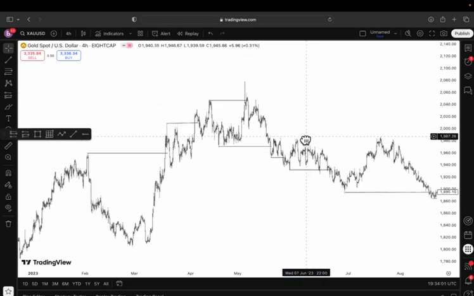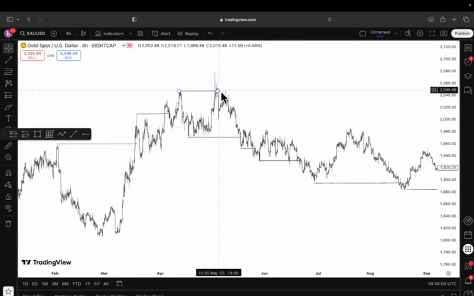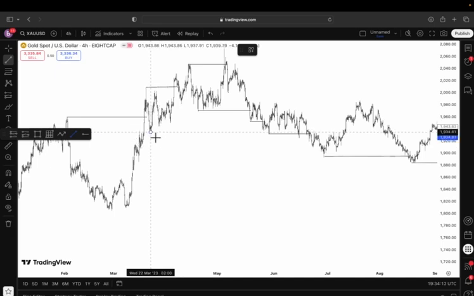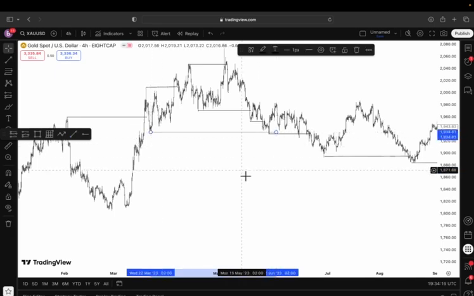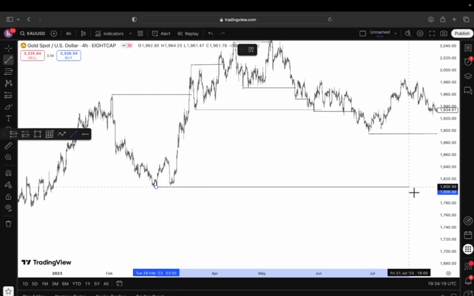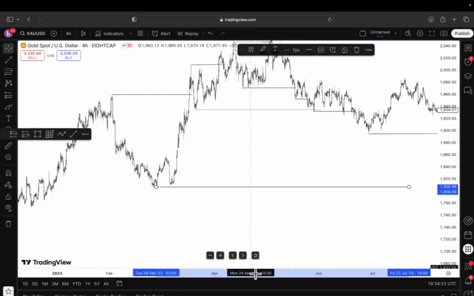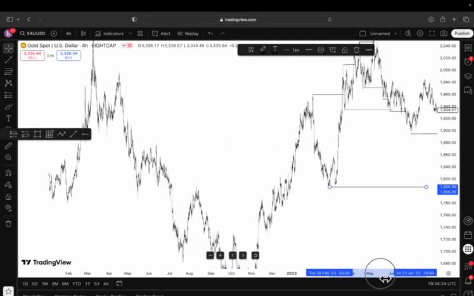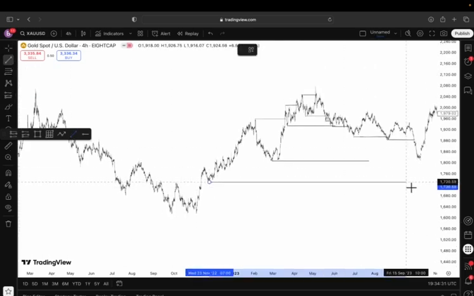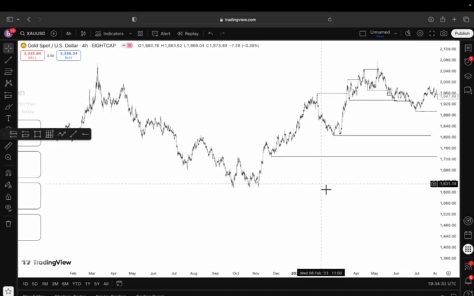After a change of character, price has started forming strong highs and weak lows, because the lows are being taken out in a downtrend. So in that course, every previous strong point in the 4 hours time frame is called transactional liquidity. All of these are called transactional liquidity until the range low.